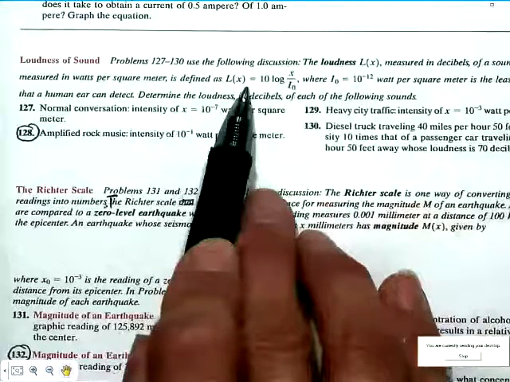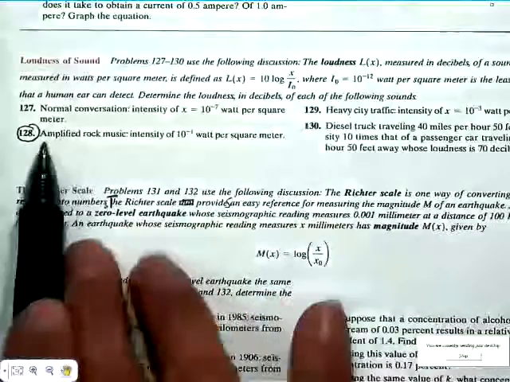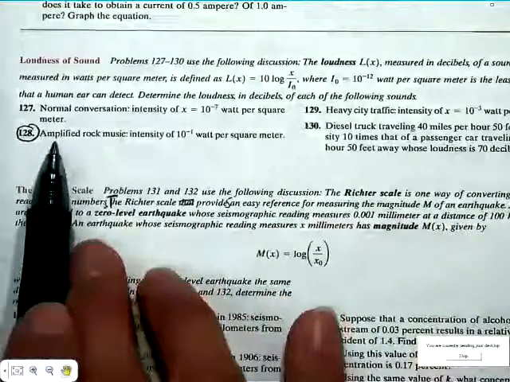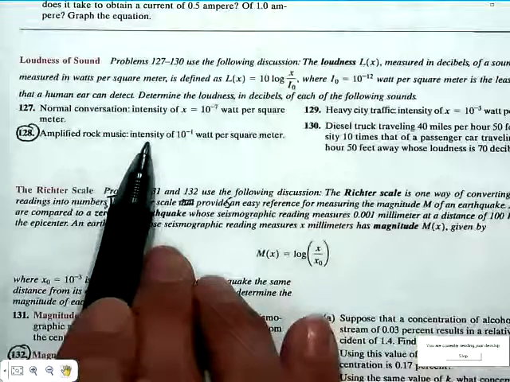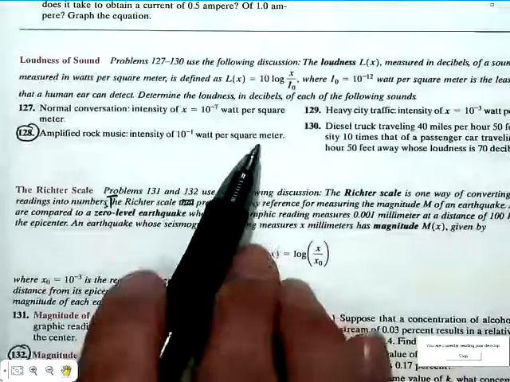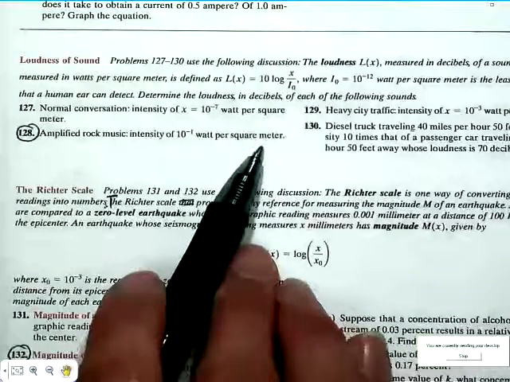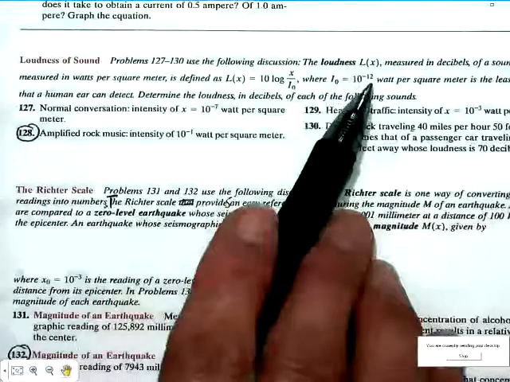In number 128, we're looking for the decibel rating of amplified rock music, which was measured to have an intensity of 10 to the negative 1 watts per square meter. That was given to us, only that's not a 3, it's a 12.